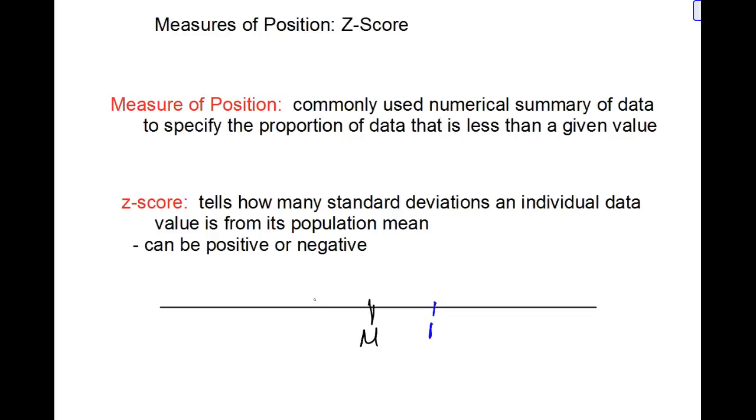Whereas a z-score of negative 1 is going to be 1 standard deviation below the mean. And the same thing happens with a 2 and a 3 that are positive, or a 2 and a 3 that are negative as well. This negative 3 here means that I am 3 standard deviations below the mean.